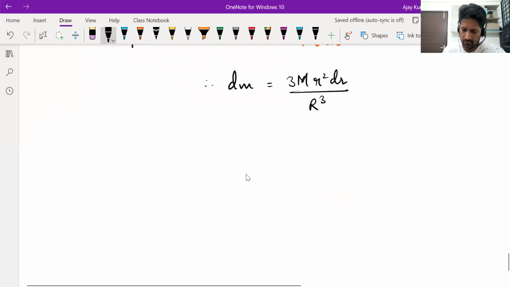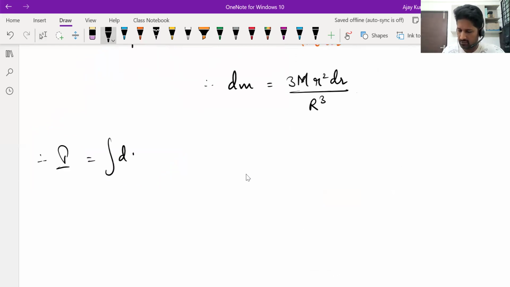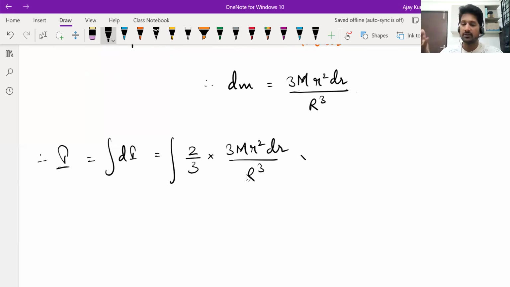Therefore, the total moment of inertia now will be the integral of the moment of inertia of the shell element, or the hollow sphere element. And for the hollow sphere element, the formula for moment of inertia is 2 by 3 into its mass, 3m r square dr by r cube, into the square of its radius, small r square. 3 cancels, 2m by r cube comes out of the integral.